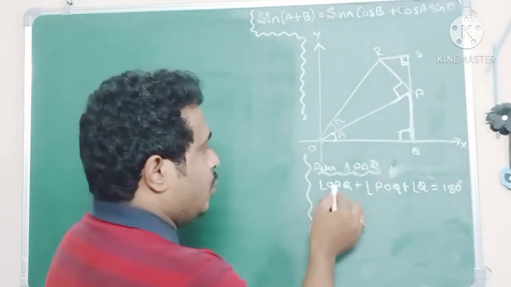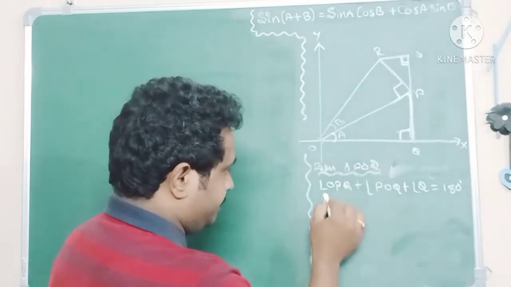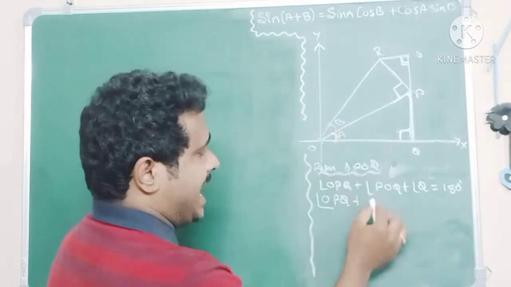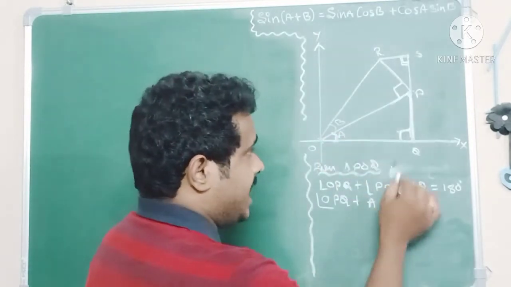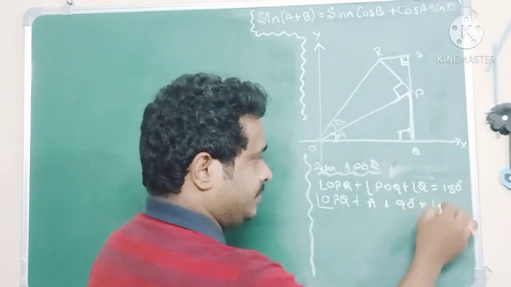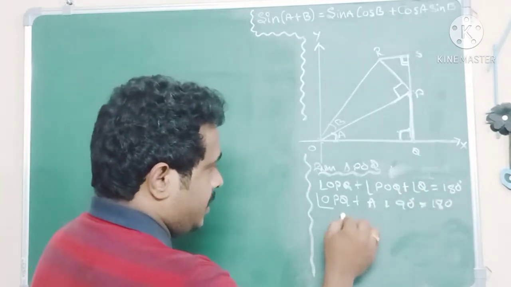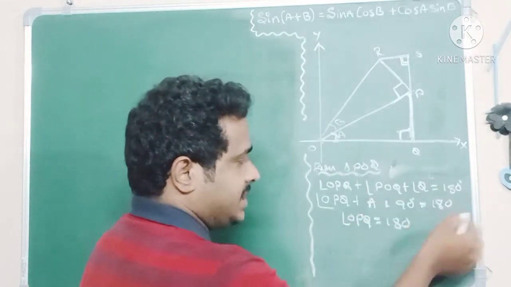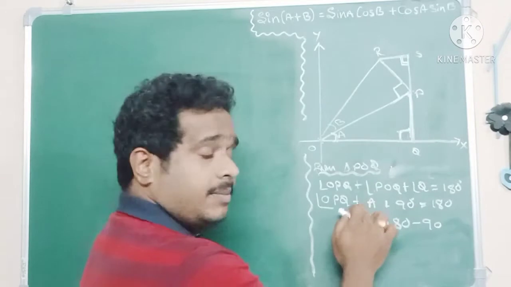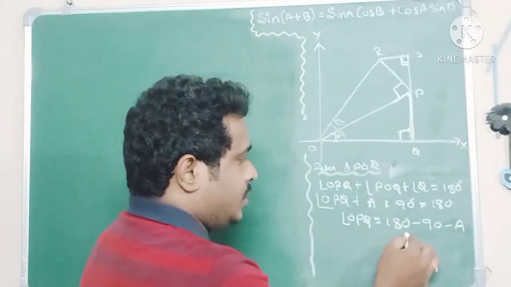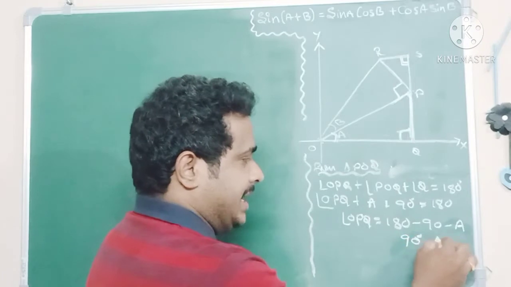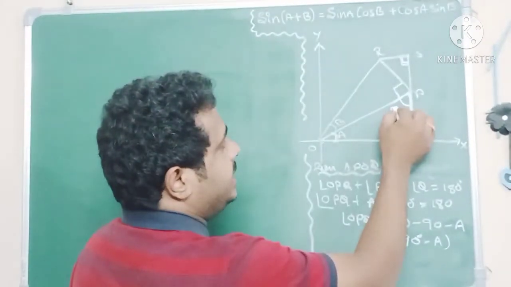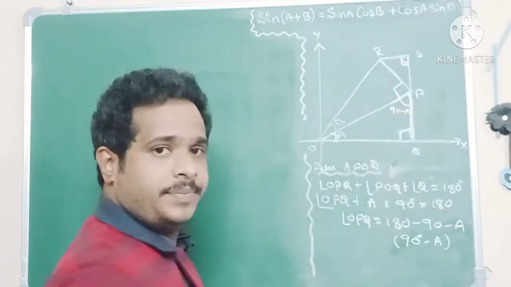Clear? Angle OPQ we don't know, plus angle POQ which we have taken as A, plus angle Q is 90 degrees. Now angle OPQ equals 180 minus 90 minus A. So 180 minus 90 is 90 degrees, minus A is this angle. How much? 90 minus A.